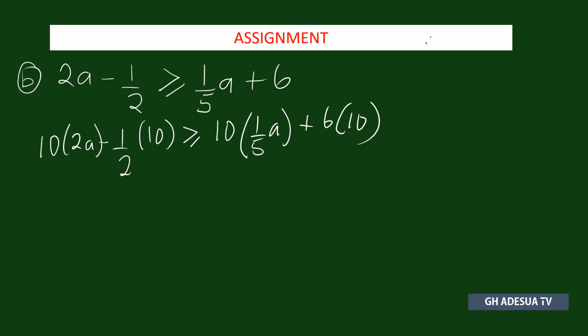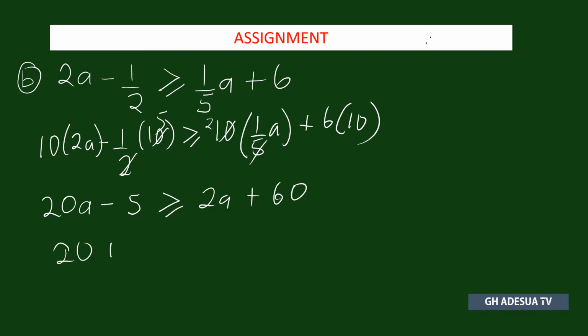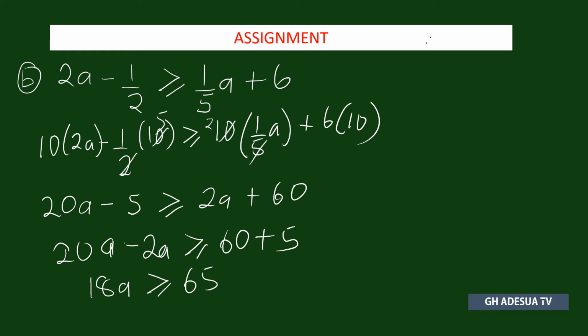Now 10 times 2 is 20a, minus 5, greater or equal to 2a plus 60. So you group like terms. So you have 20a minus 2a greater or equal to 60 plus 5. So this is 18a greater or equal to 65.